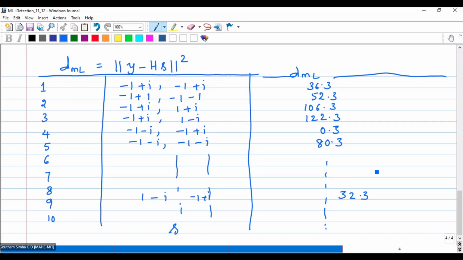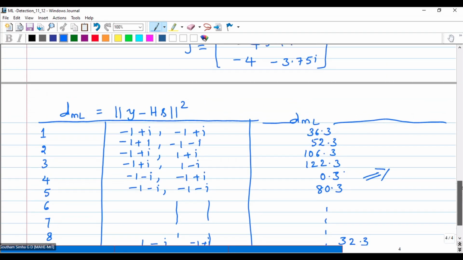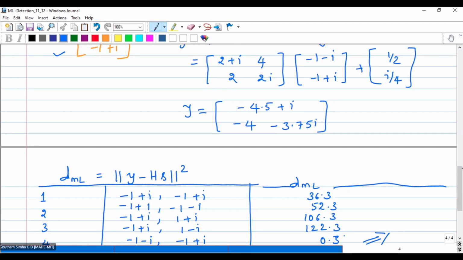Now the brute force ML decoding calculates all these points and figures out the minimum value of the Frobenius norm, y minus hx squared. So it will give you a value 0.3, and this could be the point which is radiated.